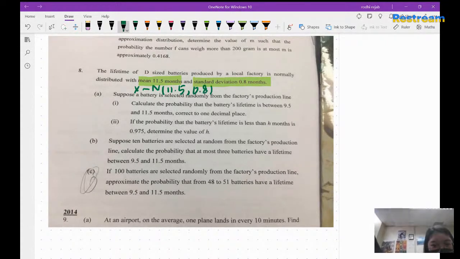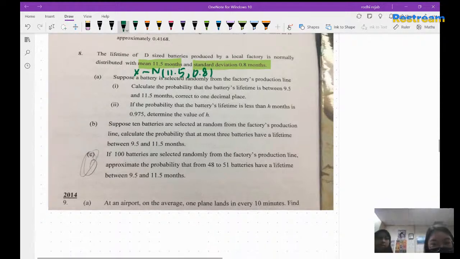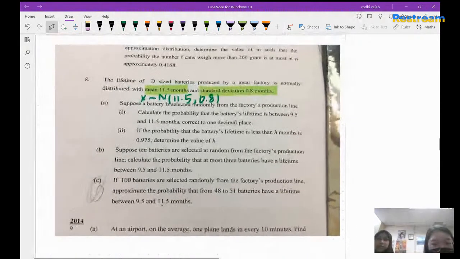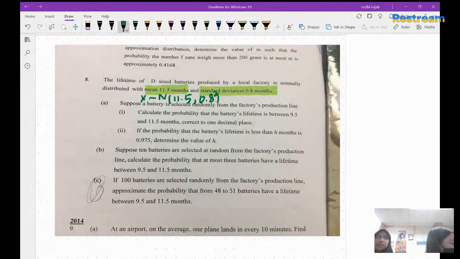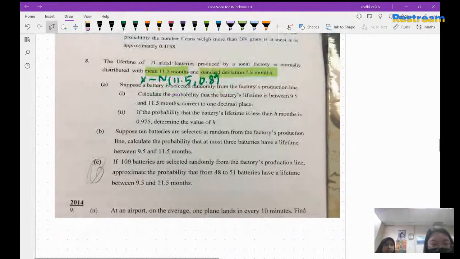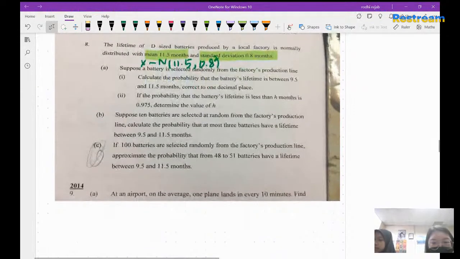This one square. Okay. So question A. Suppose a battery is selected randomly from the battery production line. Then 1. Calculate the probability that the battery lifetime is between 9.5 and 11.5 months. Correct to 1 decimal place.